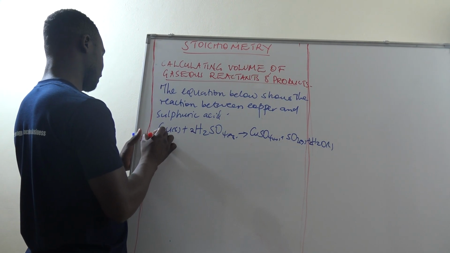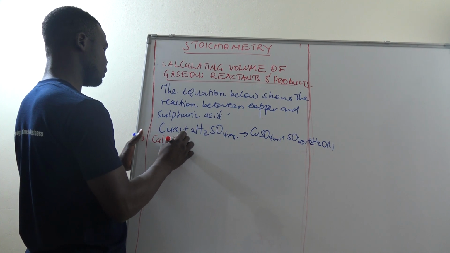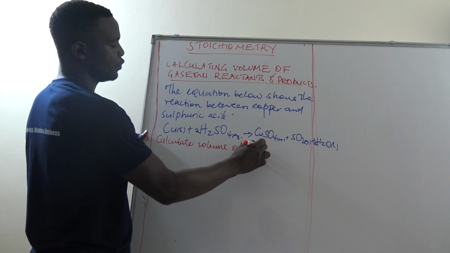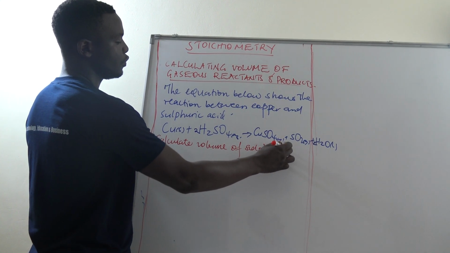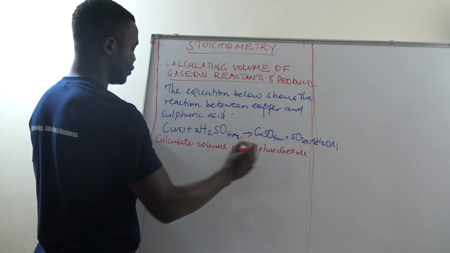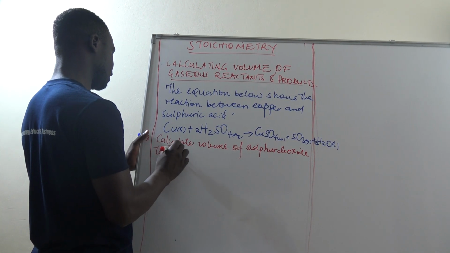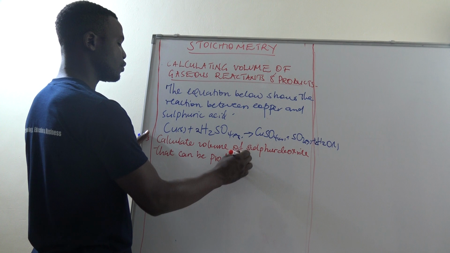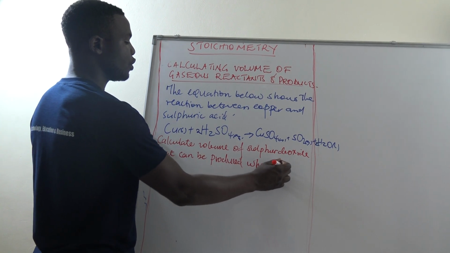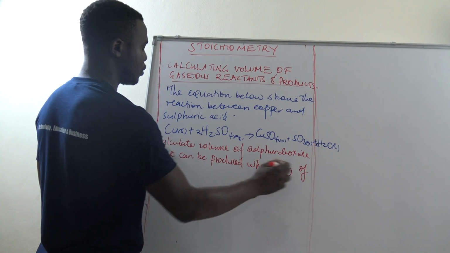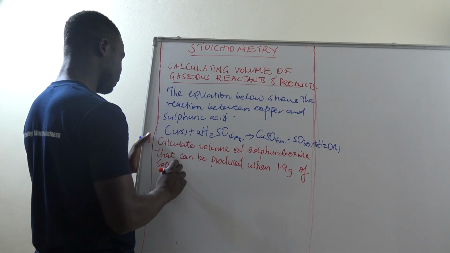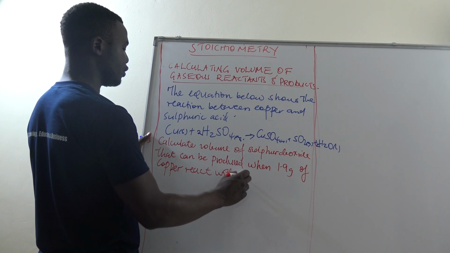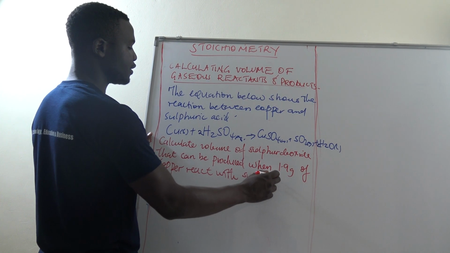So the question says, calculate the volume of sulfur dioxide that can be produced when 1.9 grams of copper react with sulfuric acid.